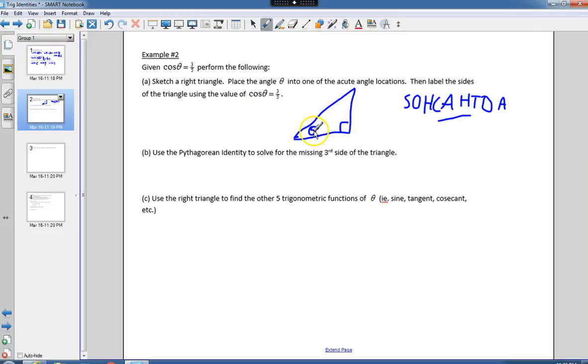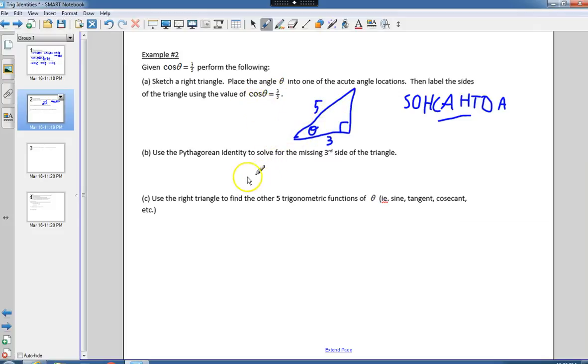So the adjacent side to this angle theta is right over here, so I can label that side as 3, and then the hypotenuse I can label as having side length of 5.